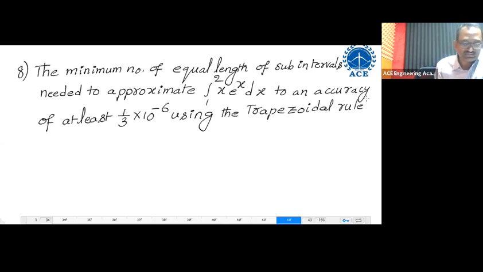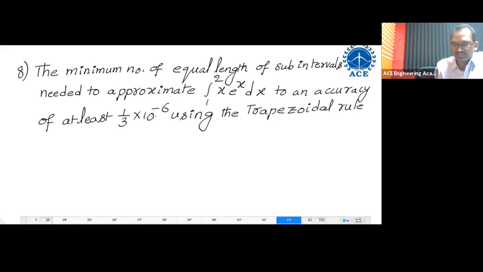Accuracy means error value. It means the difference between one approximation and its previous approximation is 1/3 into 10 power minus 6, which is almost 0. That much accurate value is required.